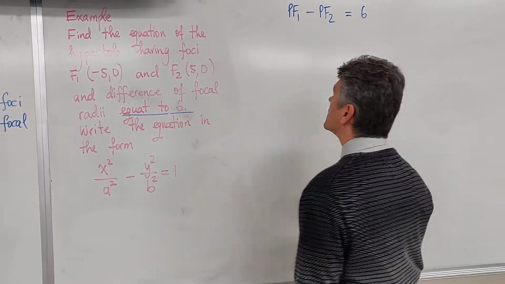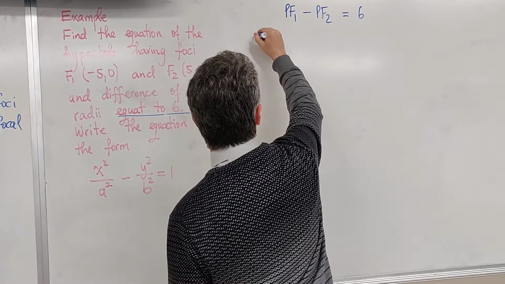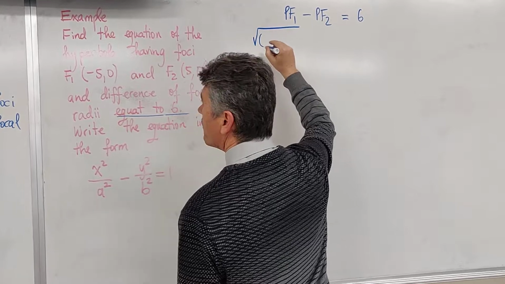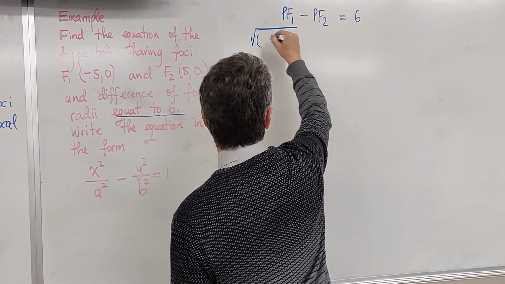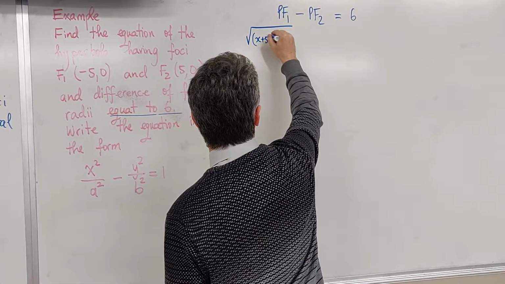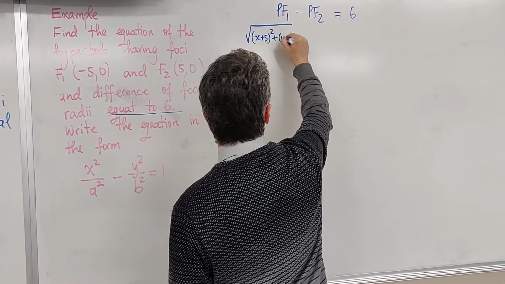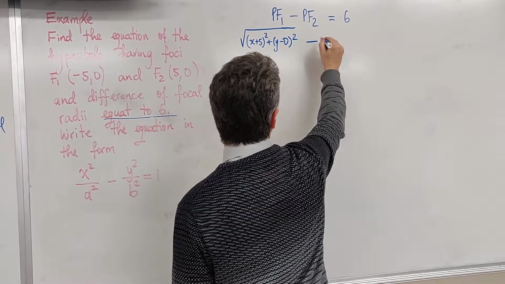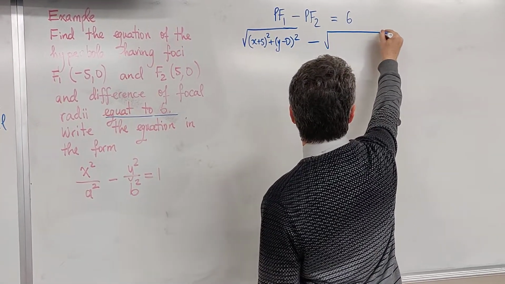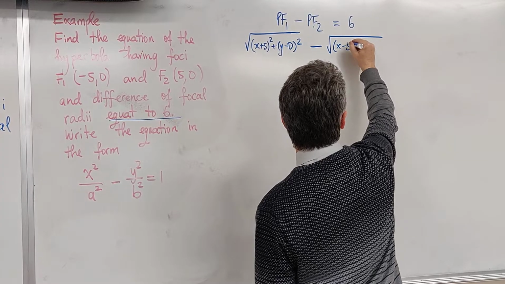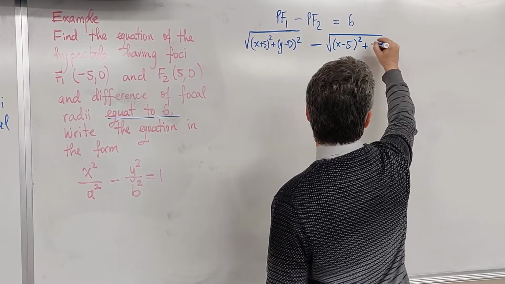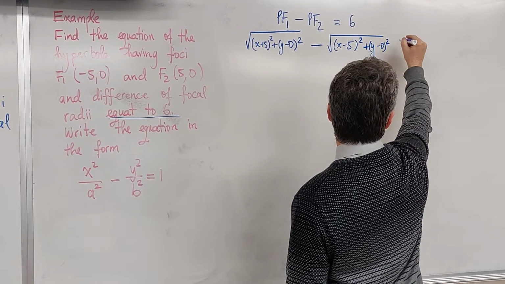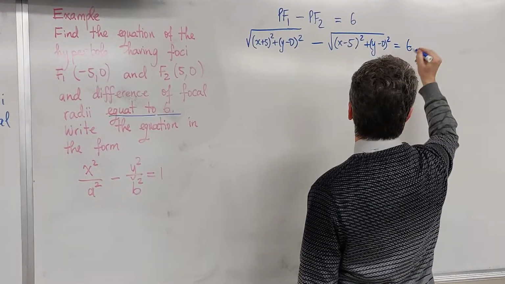We're going to now use the distance formula, just like we did for ellipses. Square root of (x plus 5) squared plus (y minus 0) squared, minus square root of (x minus 5) squared plus (y minus 0) squared, is equal to 6.